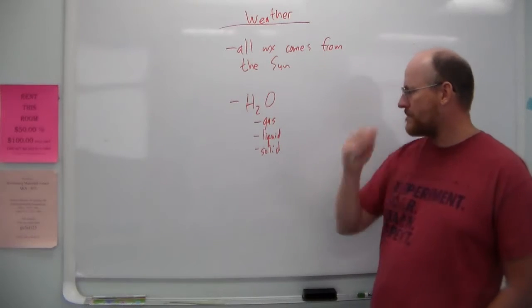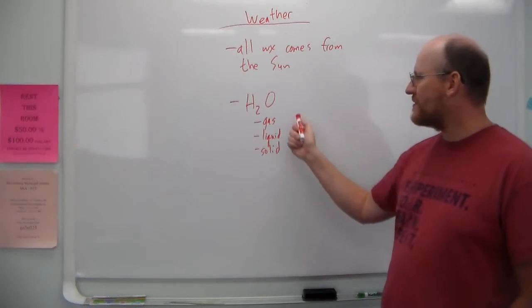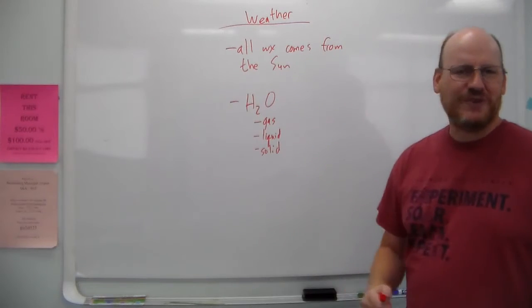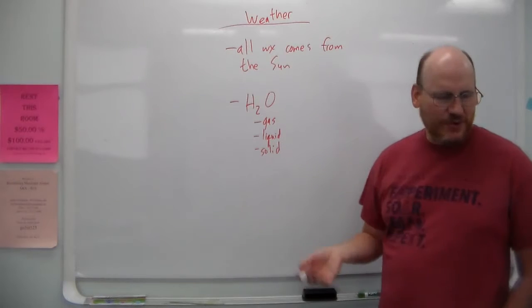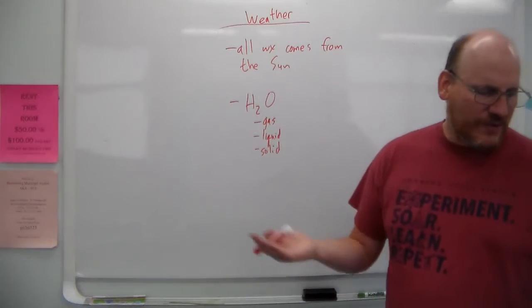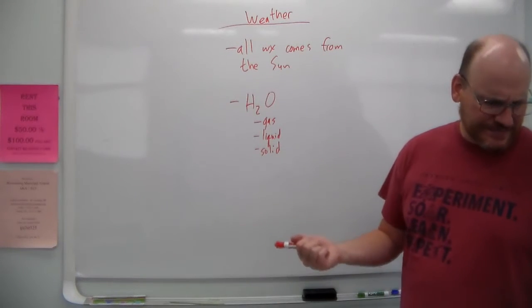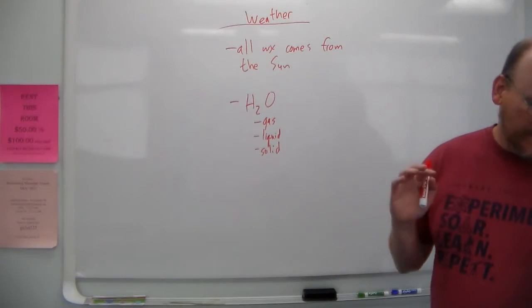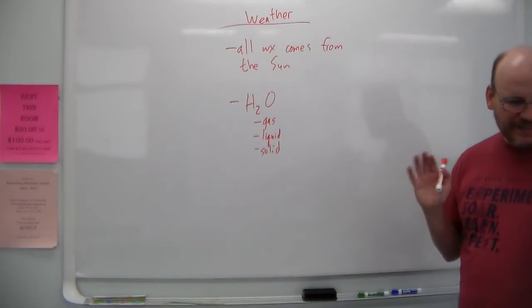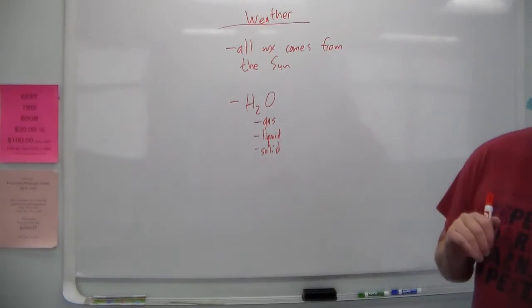So, whenever we have visible moisture, we call that a cloud. So we can ask, where are these clouds going to be? When do we have these clouds? And how do we get this visible moisture?